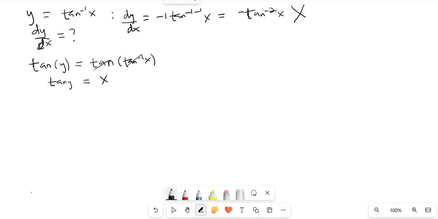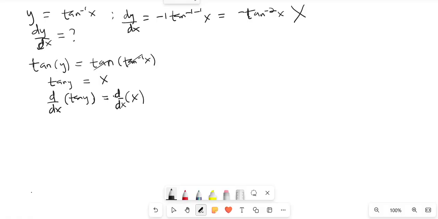So we can take the derivative on both sides. So d/dx of the function tan y should be equal to d/dx of x. And we utilize the chain rule here again. We differentiate tan and differentiate y with respect to x because y is a function of x.